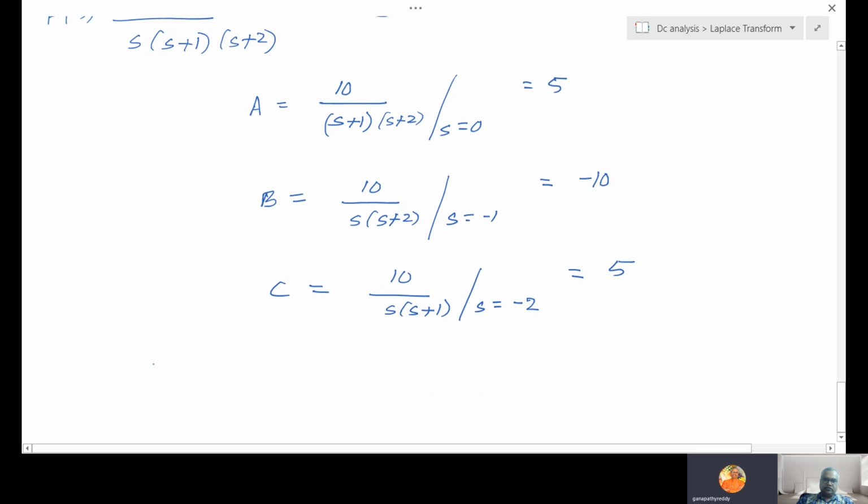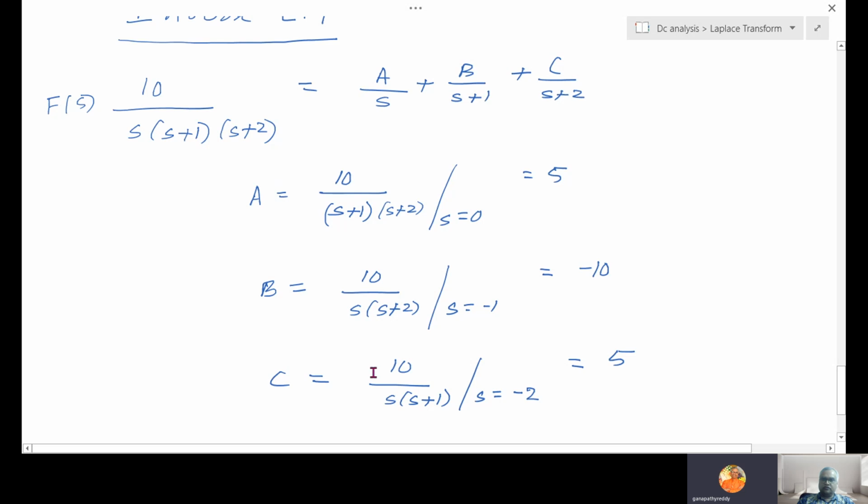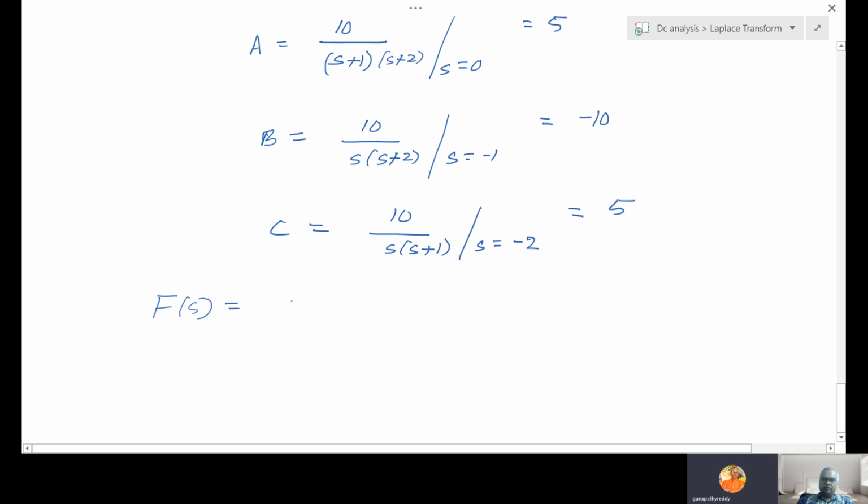So using this, F of s is what? A by s. So a is 5 now. 5 by s minus 10 by s plus 1 plus 5 by s plus 2.